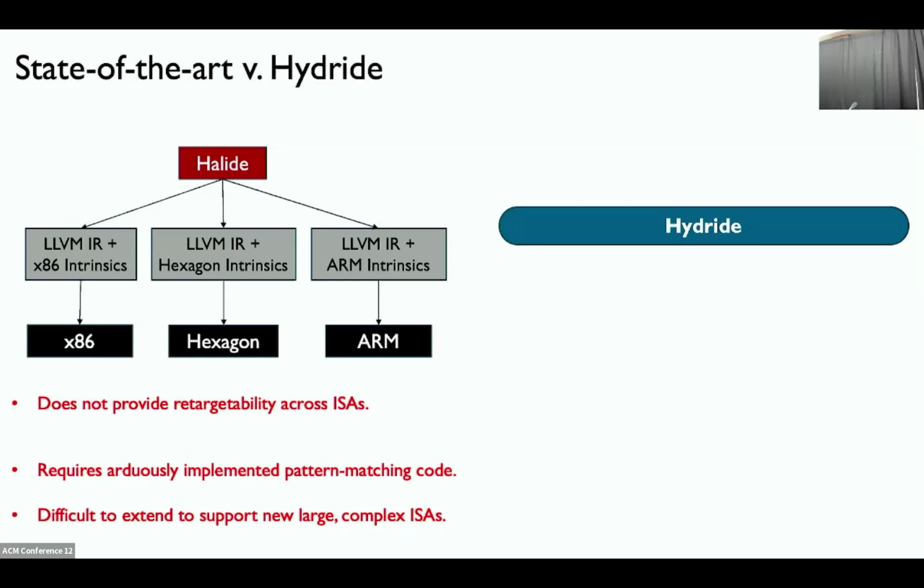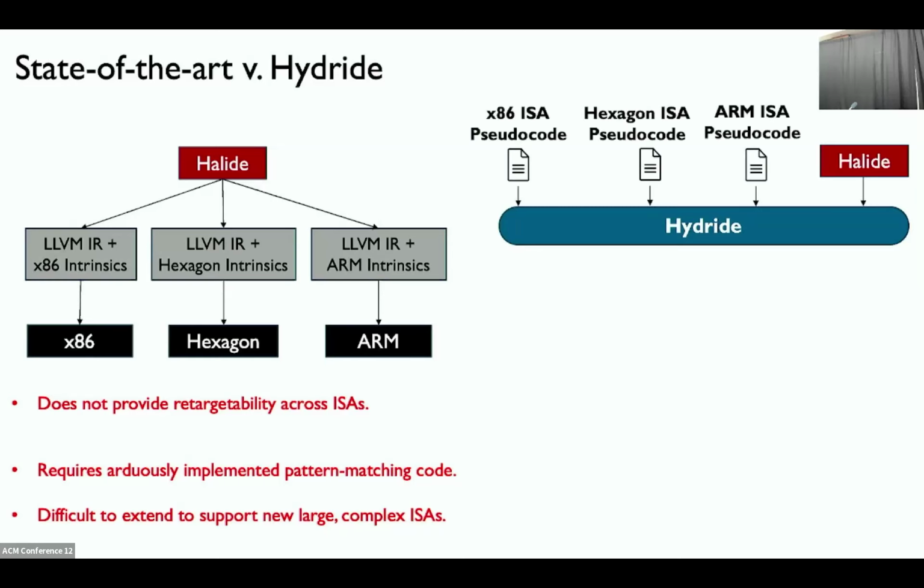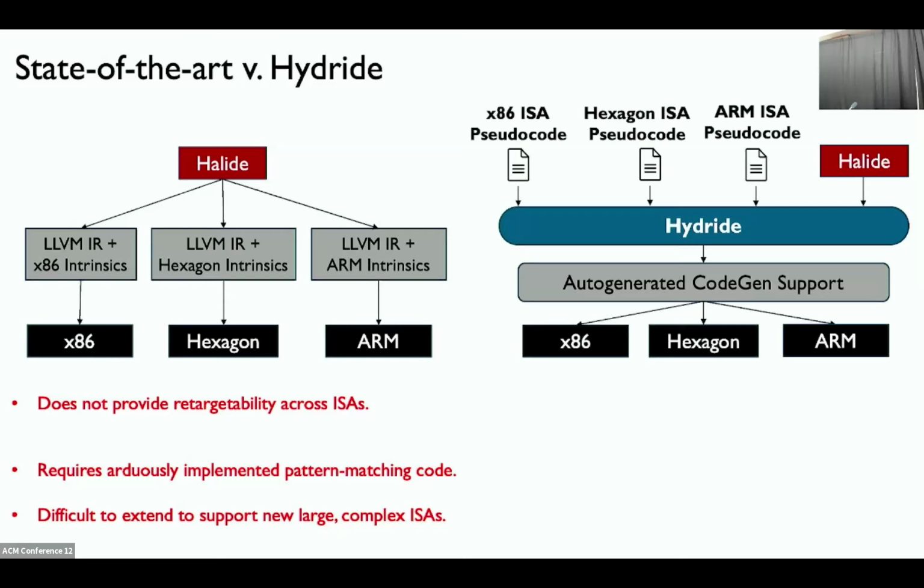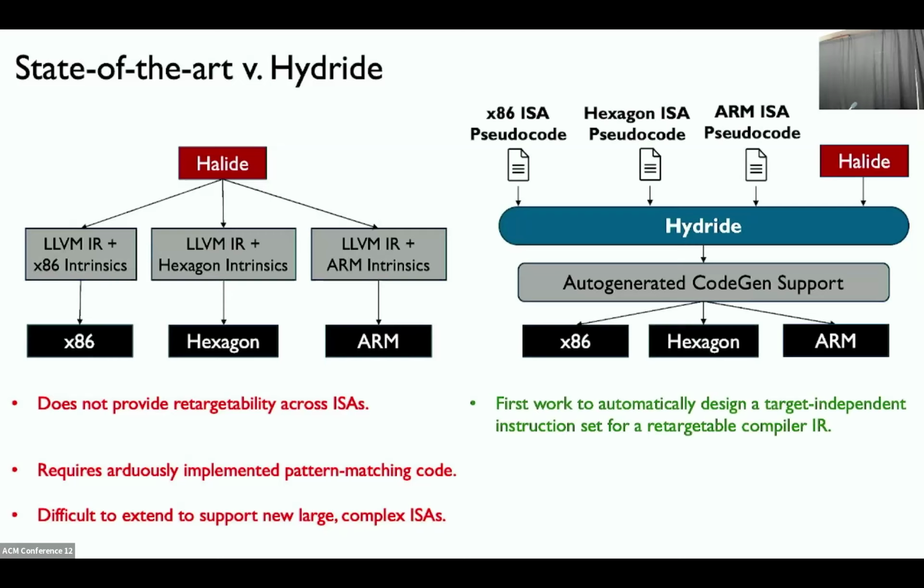So we introduce Hydride, which takes as input pseudocode specifications of different hardware architectures, which are provided by the vendors, and formal semantics of Halide to automatically generate code generation support for different hardware architectures. This is the first work to automatically design a target-independent instruction set for a retargetable compiler IR.